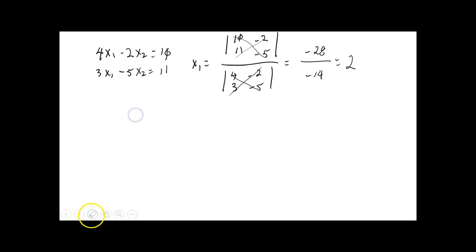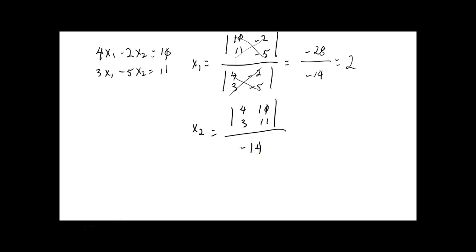That's your x1. Your x2 is a different numerator. This time we do the 4, 3, the first column, then we put the 10 and 11 there and divide that by, you don't have to divide it by anything, -14. You've already done that. That is the beauty of Cramer's Rule.